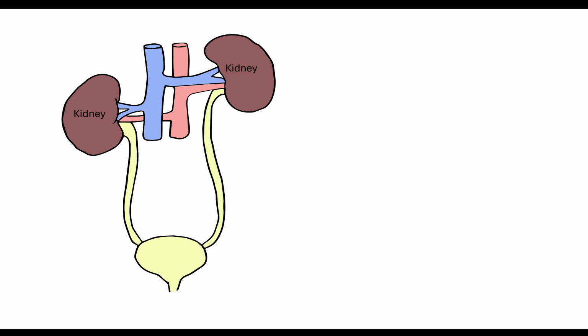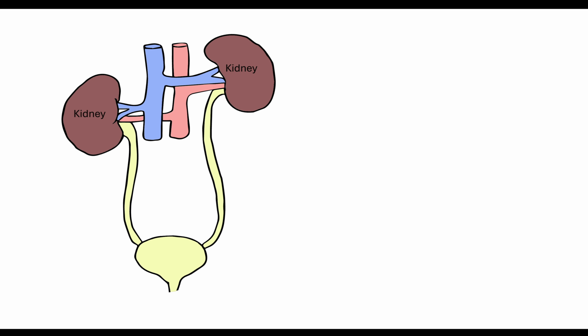Now the kidney's role in this homeostatic process, the control within our body, is, one, that it's going to filter the nitrogenous waste products. So linking back to your liver topic when we looked at deamination, we're going to remove the amine group from our excess amino acids. That's going to result in ammonia.